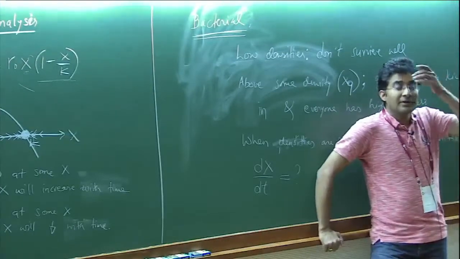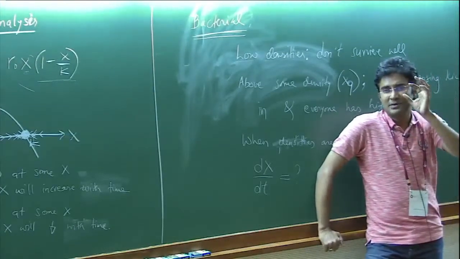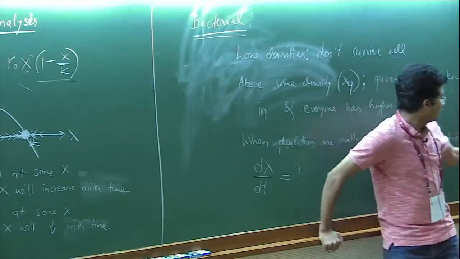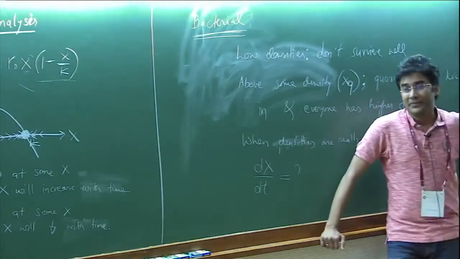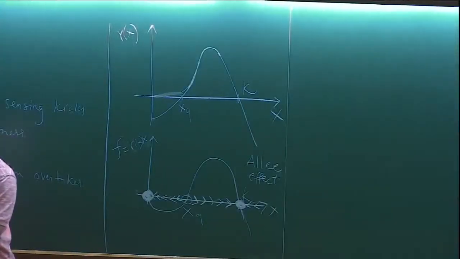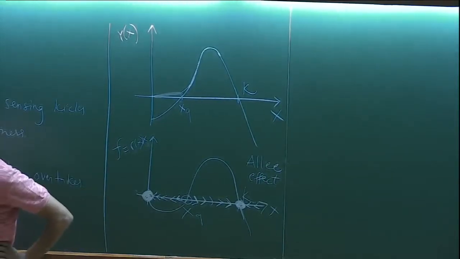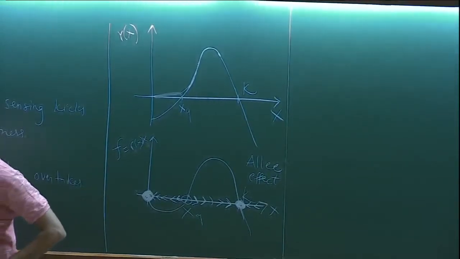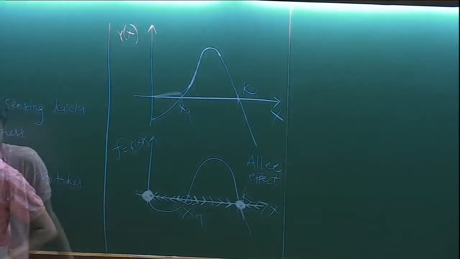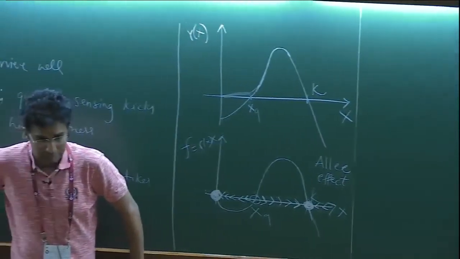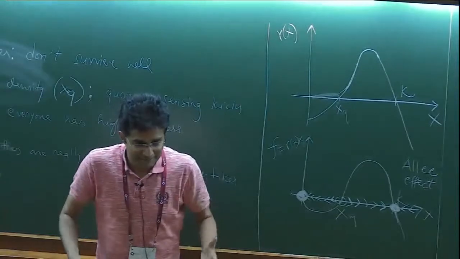In fact, there is a paper by one of my students where we show that even though there is no threshold value required in the deterministic limit, when you have finite population size, you actually end up having to maintain a minimum population.